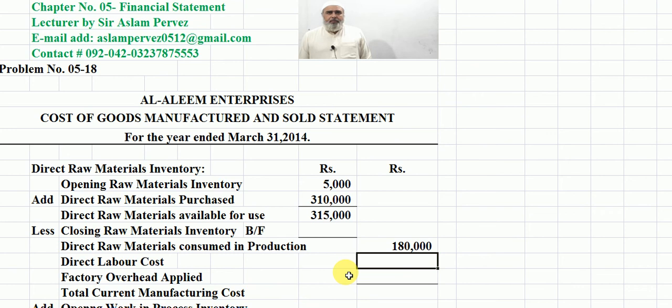Then the difference between, sorry, here is the 50,000 rupees. Not 5,000 rupees, 50,000 rupees here. Sorry, it's the 80,000 rupees opening inventories.